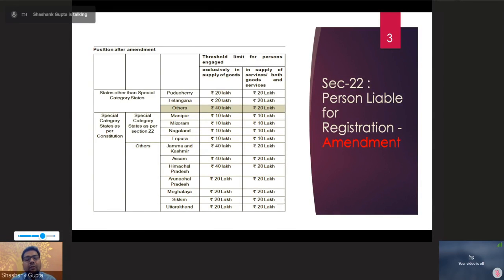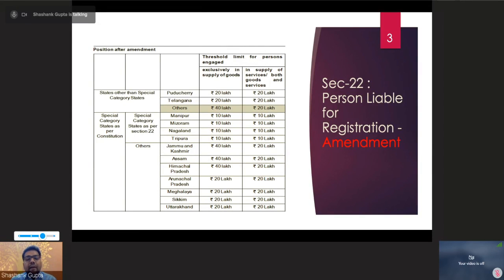She had asked what happens if, in case of a composition taxpayer, a taxpayer has two locations, one in Delhi and one in a special category state. The default limit for the composition scheme was 1.5 crores, but in special category states, this limit stood reduced to 75 lakhs.